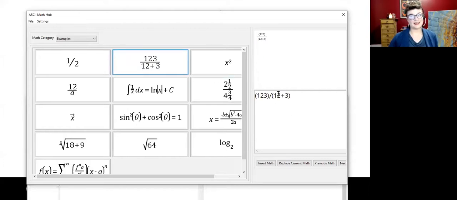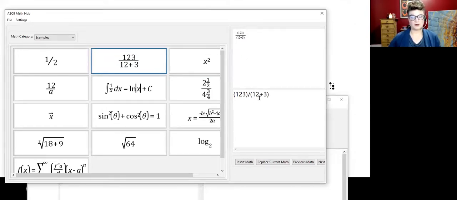What I get in my working window where I can enter text is open parentheses 123, close parentheses, slash, open parentheses 12 plus 3, close parentheses. This is ASCII Math, where the parentheses enclose the numerator when it's more than just a letter or just a number, and the parentheses on the other side of the slash enclose the denominator.